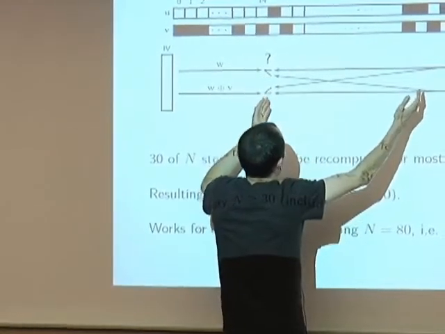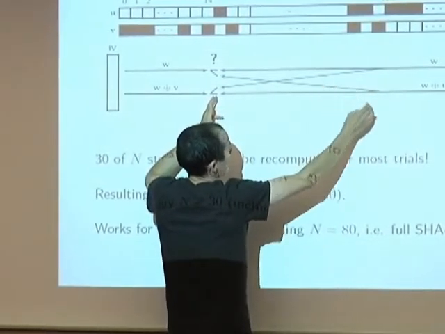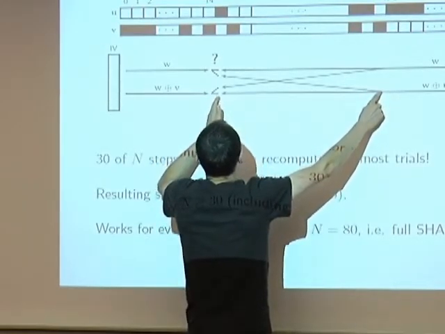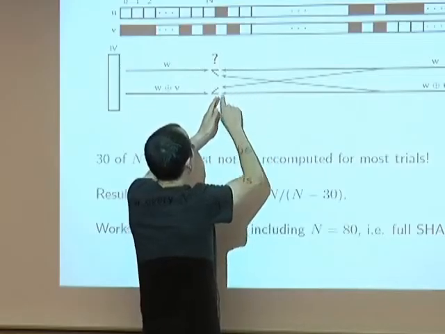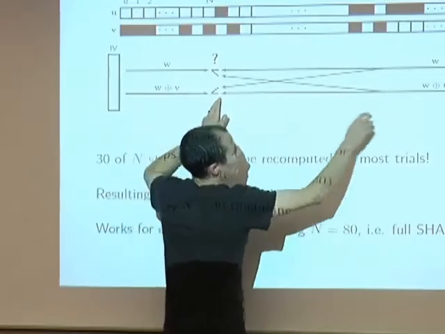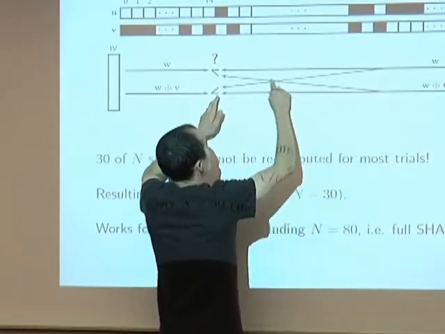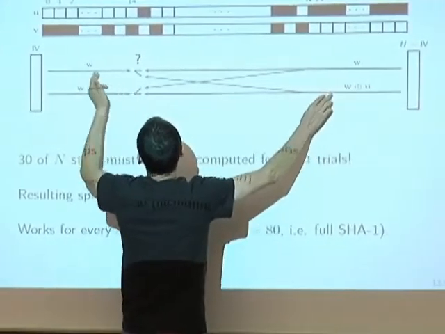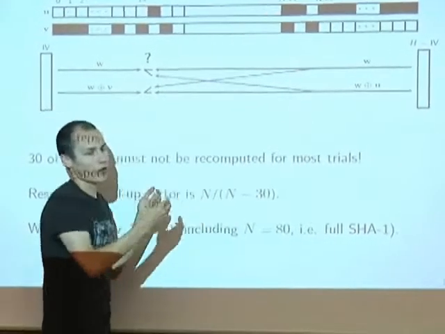And the straightforward way is just to compute. So if we get a state here, we compute every possibility. So here we compute the possibility W plus V plus U. And from here, we compute the possibility W plus U, nothing, and so on.